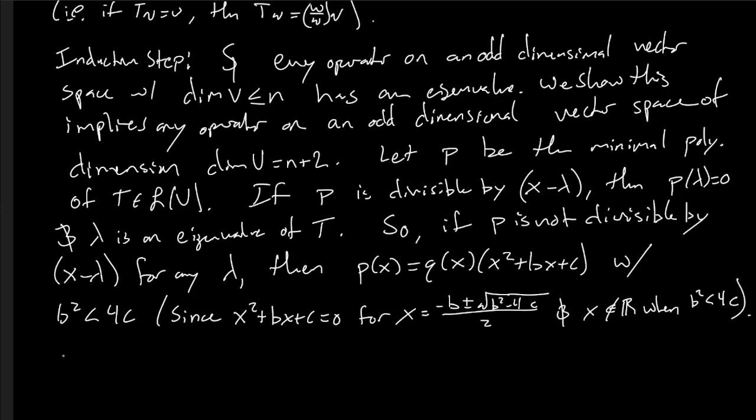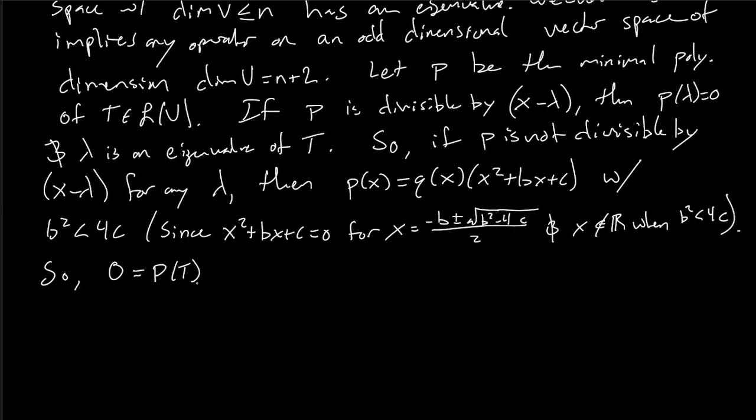Now, the important piece here is the following. 0, well, that's the minimal polynomial evaluated at T. It's the 0 operator. That's how the minimal polynomial is defined. It's the unique monic polynomial of lowest degree such that p of T is the 0 operator. Well, this is q of T times T squared plus bT plus cI.